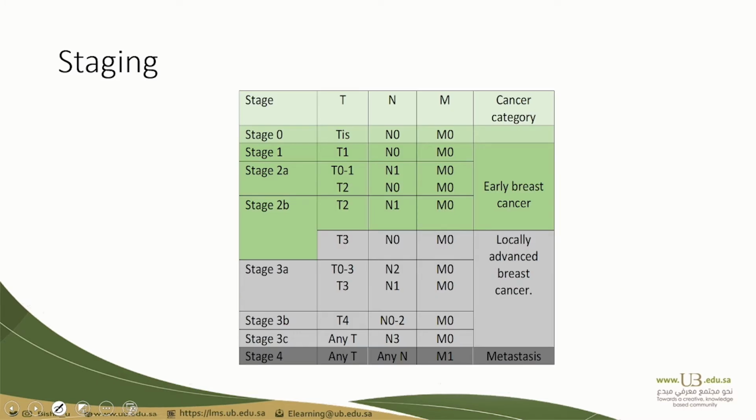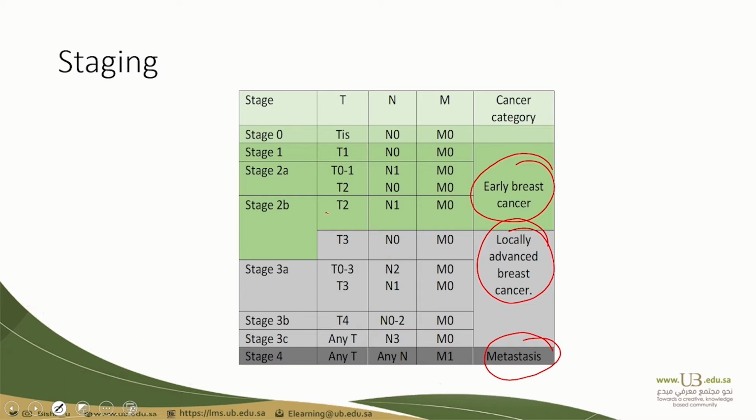So according to TNM classification, you will take the patient into staging. Is this early breast cancer, locally advanced breast cancer, or metastatic breast cancer? This is very easy to memorize.